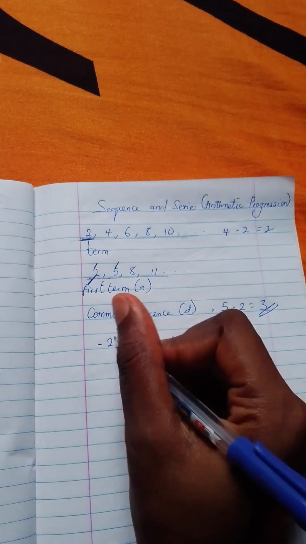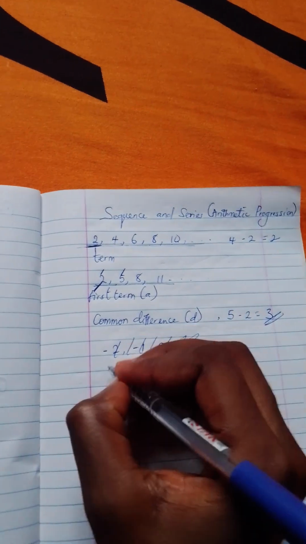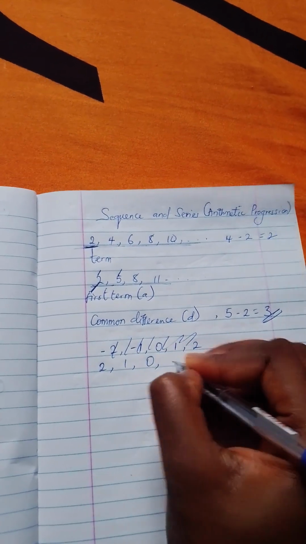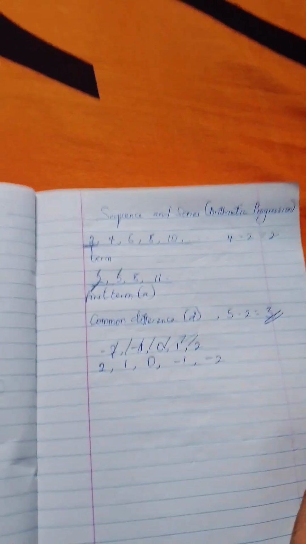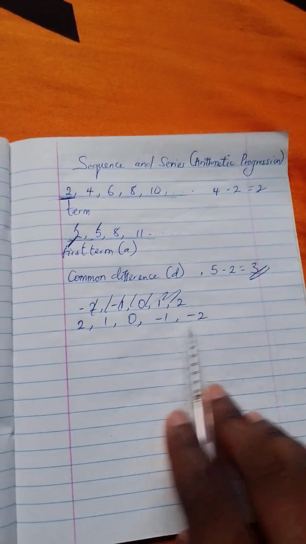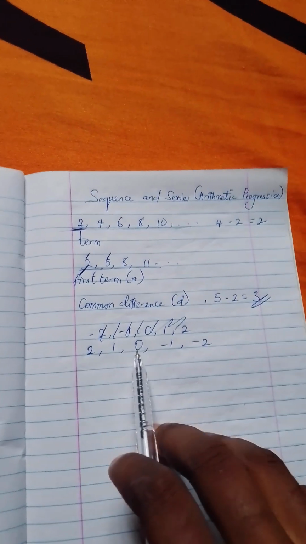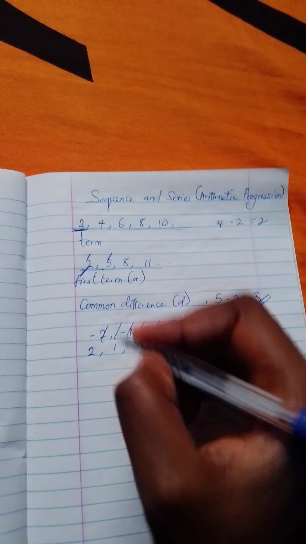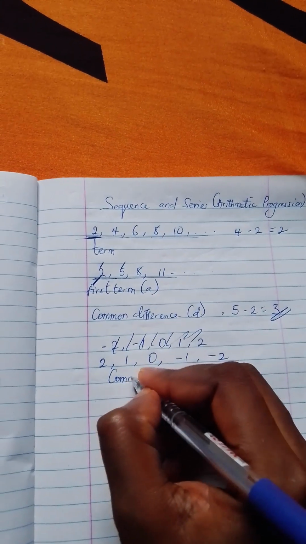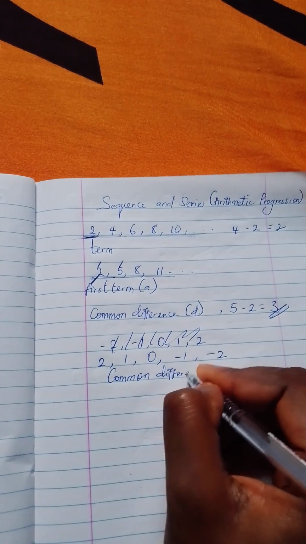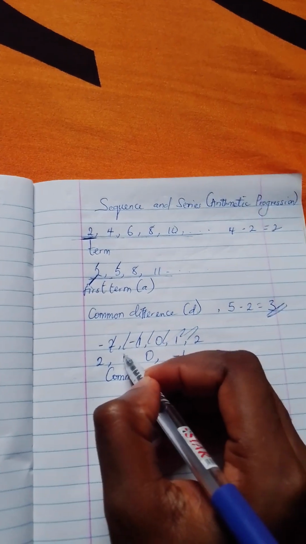Okay, sorry, no, let me do it this other way. Let's assume that we have 2, 1, 0, minus 1, minus 2. Now, if you look at this sequence here, you're going to notice that 1 here is smaller than 2 and 0 here is smaller than 1. So if you want to find the common difference for this sequence, all you have to do is subtract 2 from 1.